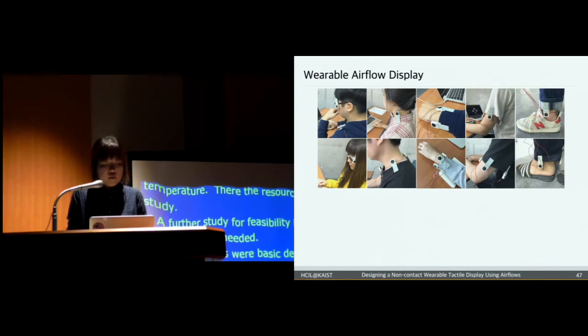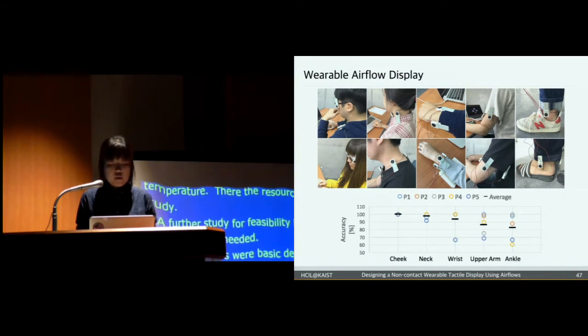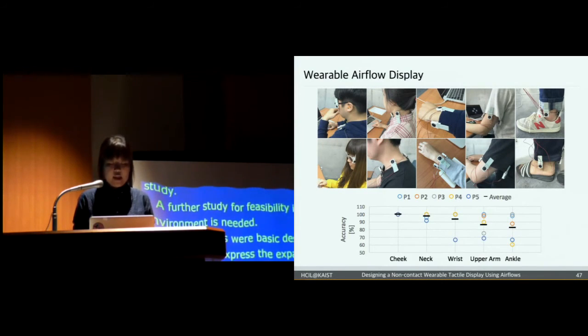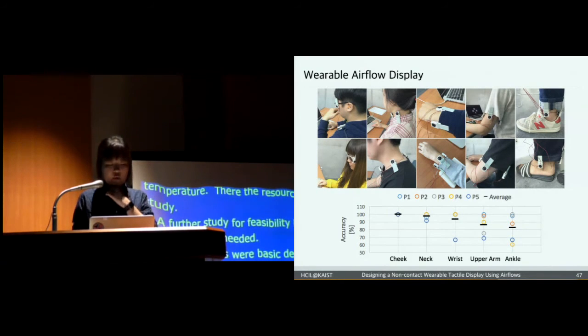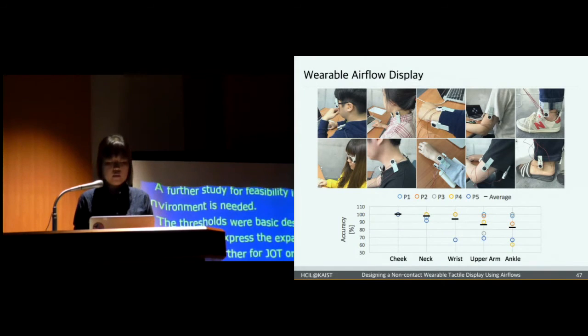By using small fans, we made a wearable prototype and attached it using glasses, collars, and sleeves. And we found the cheek and neck would be promising locations because they showed good performance and the distance between display and the skin remained constant.